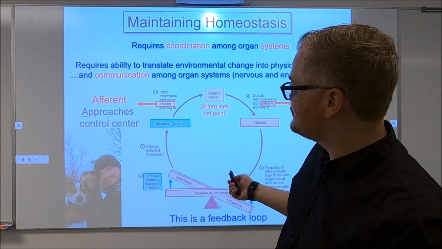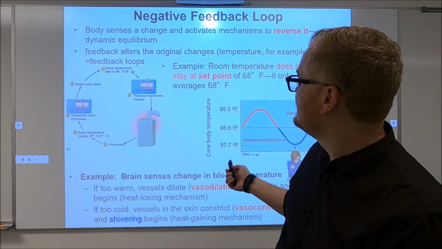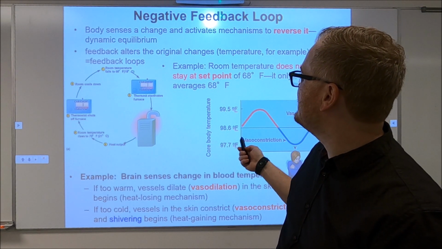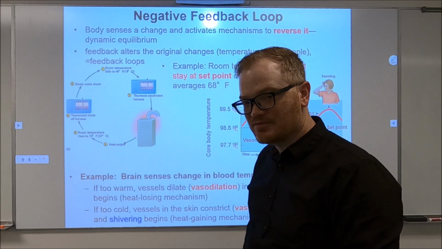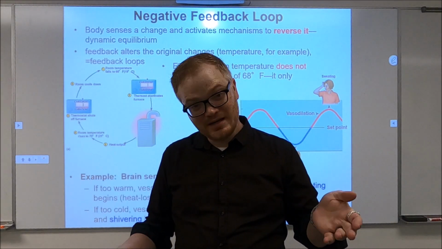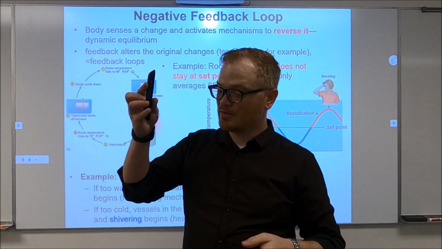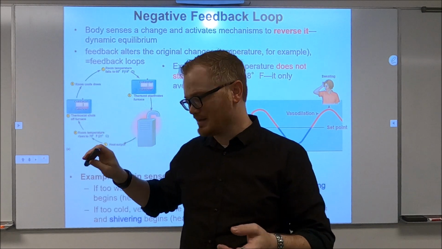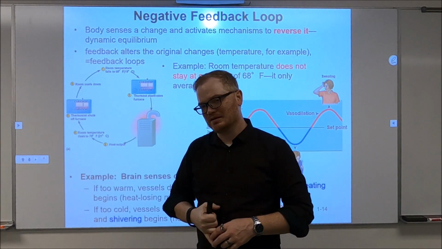All of these examples of homeostasis I've presented you with, all of them are examples of negative feedback loops. Negative feedback. Something goes up, your body takes steps to bring it back down. Negative feedback. You have something go down, your body takes steps to bring it back up. It's a lot like the thermostat in your place.